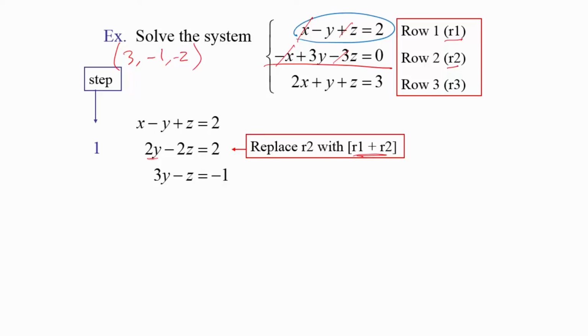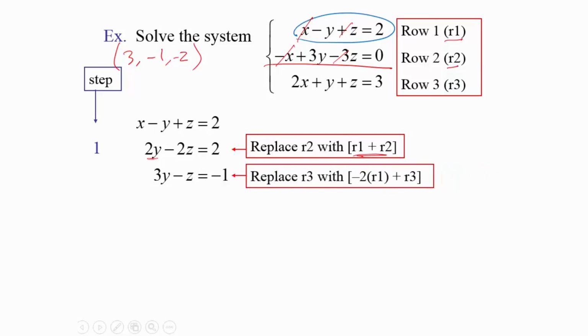In the third equation, it says replace R3 with minus 2 times R1 plus R3. So you take row 1, multiply row 1 by minus 2, and then add it to row 3.